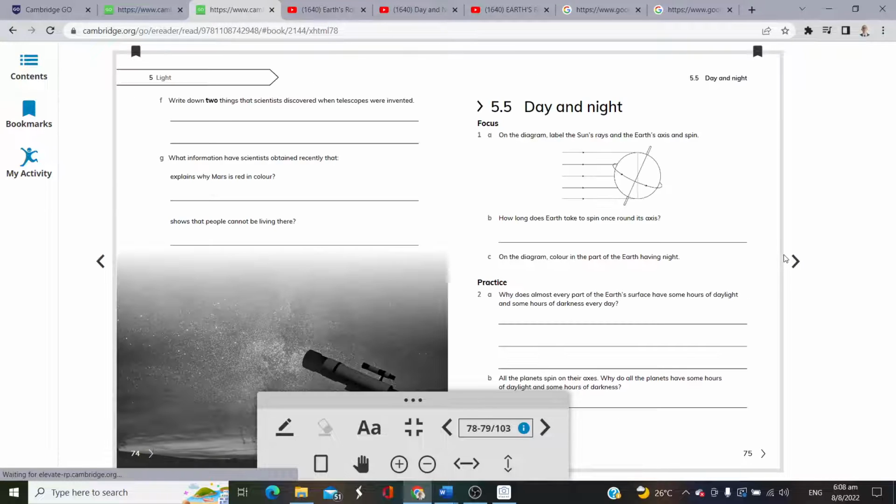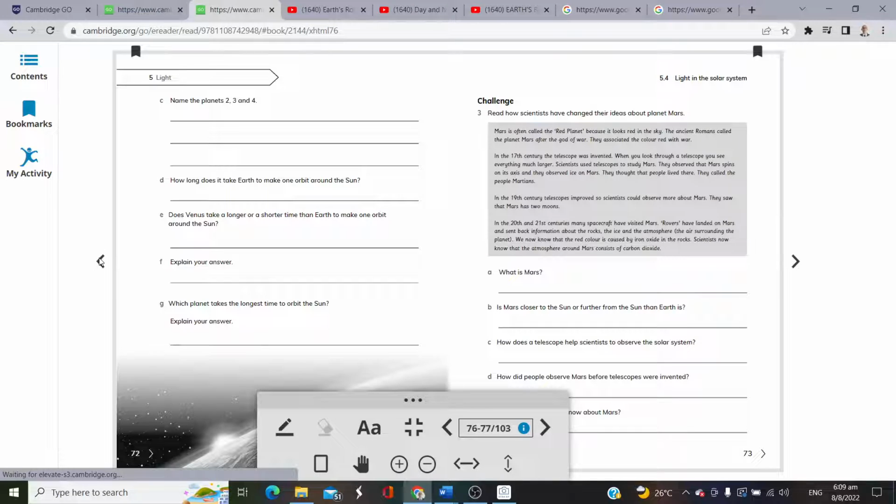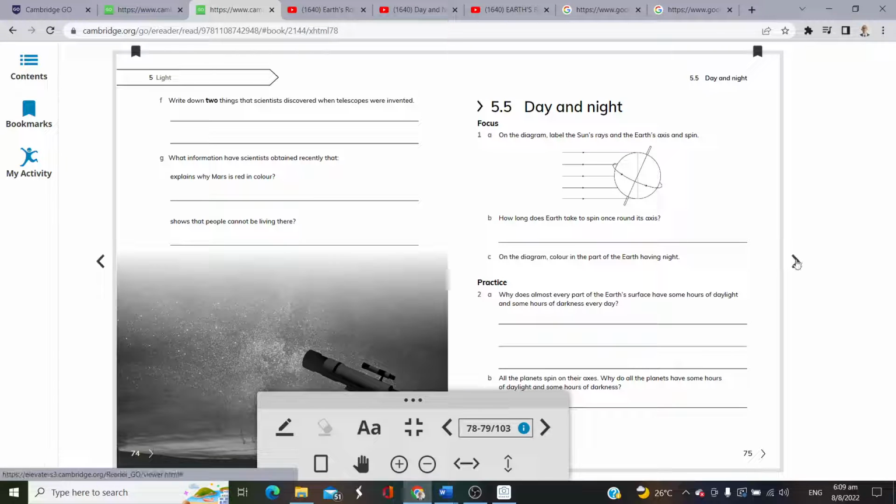You don't have to do page 75 yet, that is in our current topic. Just do the previous subtopic, which is 71 until 74.